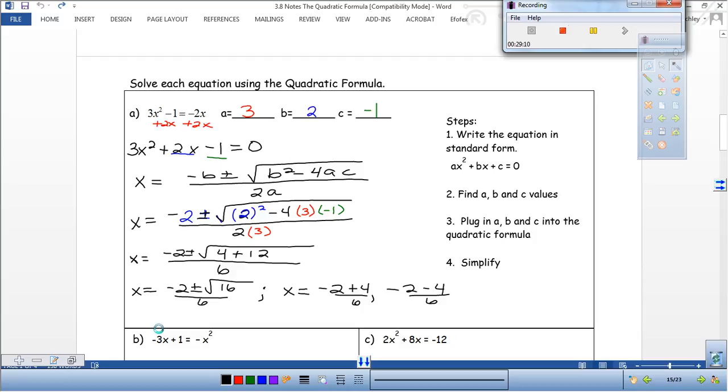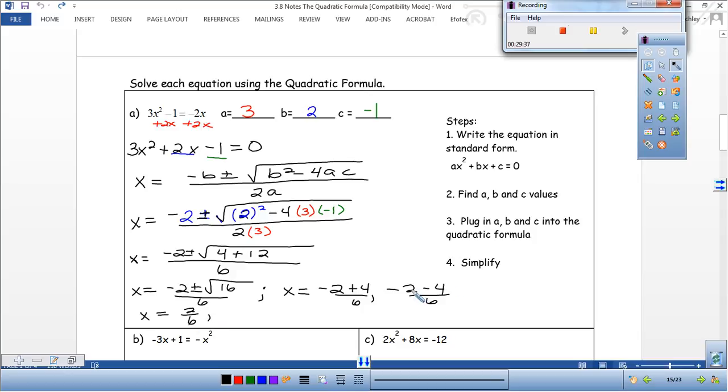Any questions over that? Okay, so that's going to give me x equals -2 and positive 4 is 2 over 6, right? -2 and positive 4 is 2, and it's over 6.